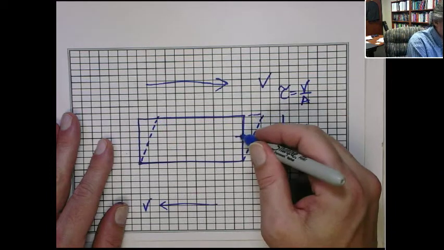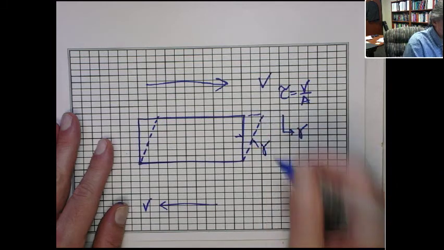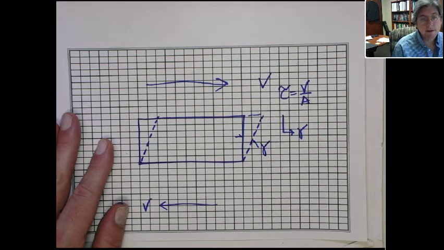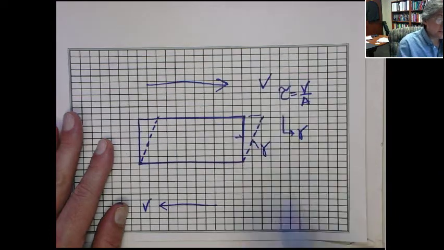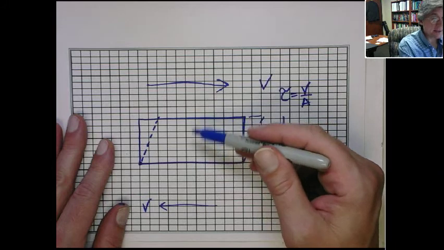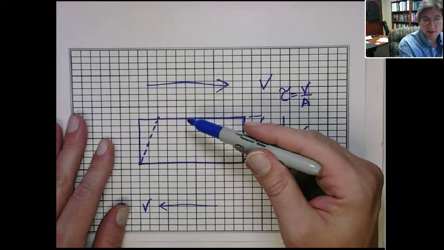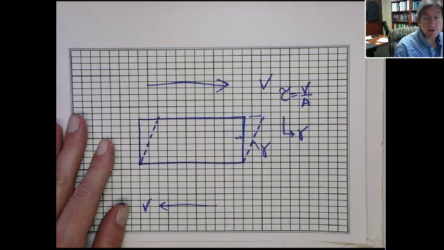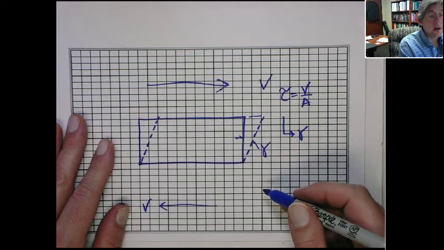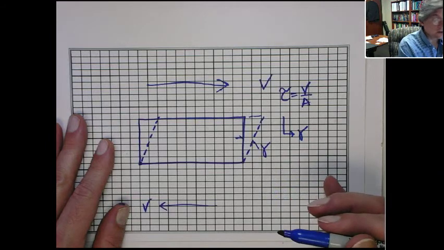This angle here is the shear strain angle gamma, shear strain gamma. What you notice is there is no Poisson effect, nothing happens in the opposite dimension. When you put shear stress on, you only get the shear strain, and they are related in an analogous manner to Hooke's law.